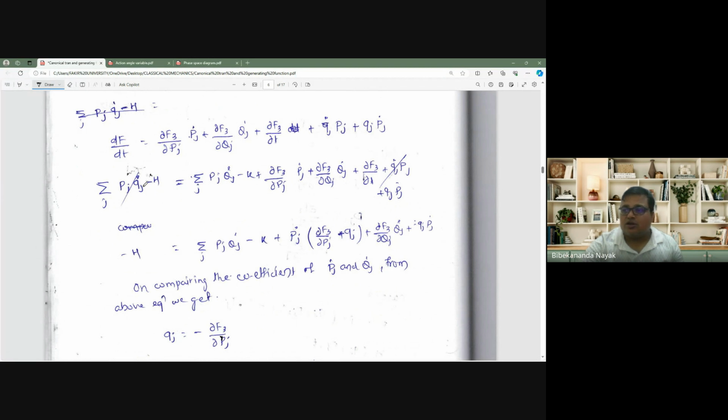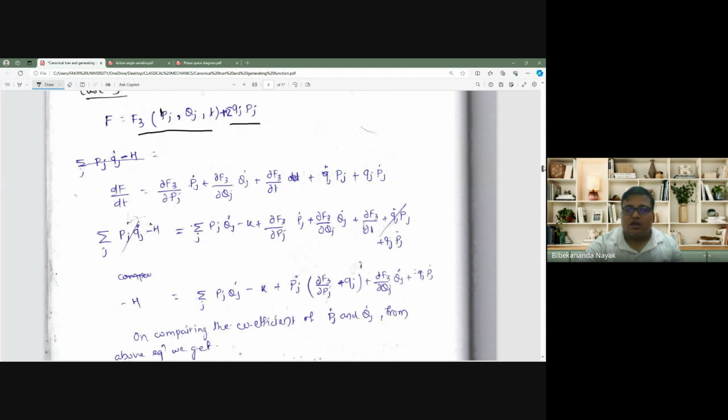Compare here: the known variables are small p and capital Q. So we compare the coefficients of small pj dot and capital Qj dot, because this term will be cancelled from both sides. Small pj dot is multiplied with del f3 by del pj, and here qj, so both are on the same side. I have to take one to the left side, so it will be minus.